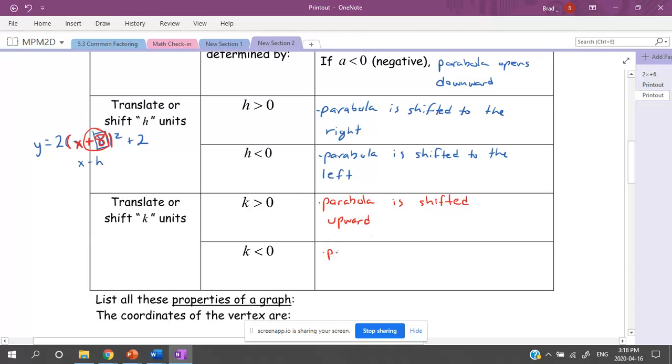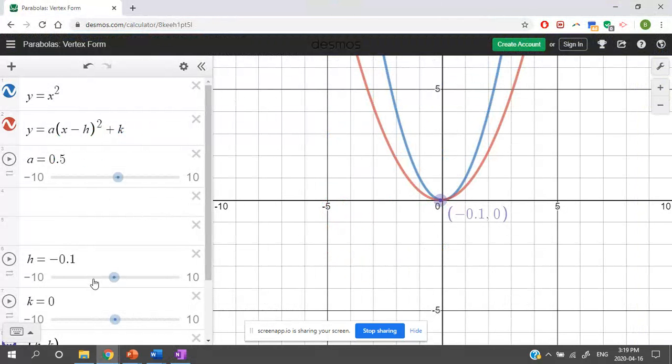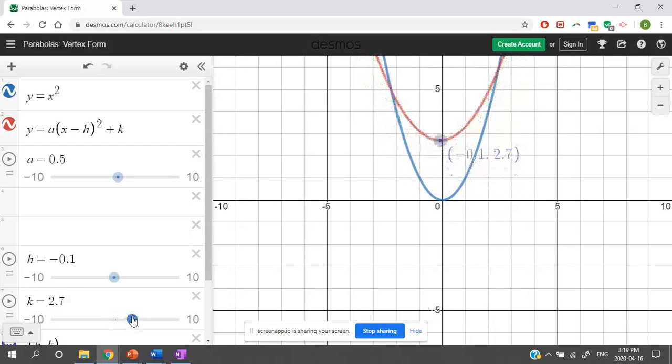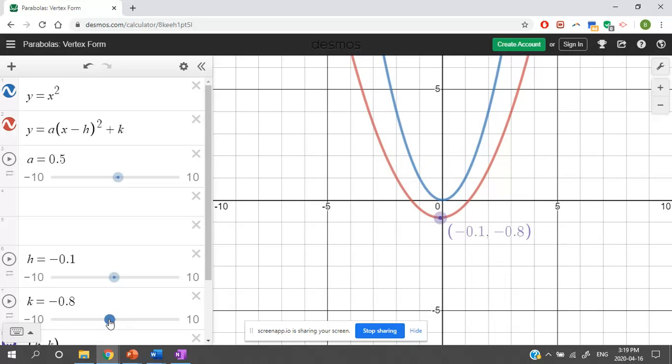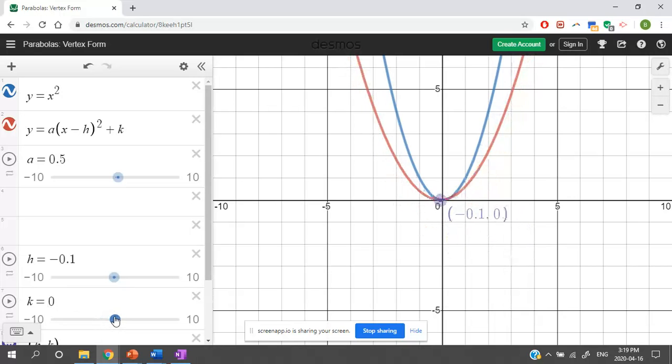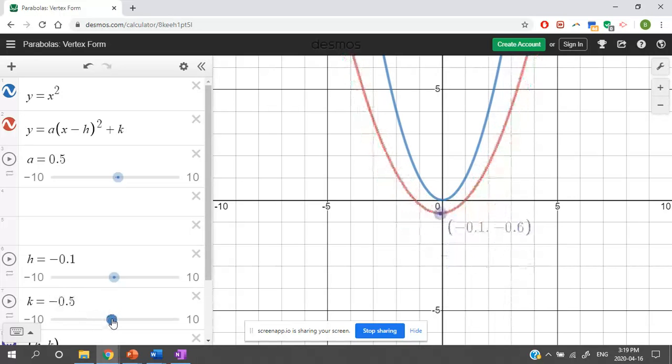And if it's negative, then the parabola is translated or shifted downward. Okay, so I'll go back and we'll take a look. As you can see, if k is bigger than 0, it's translated upward. If it's less than 0, it's translated downward below the x-axis.